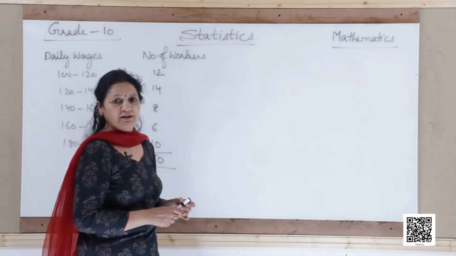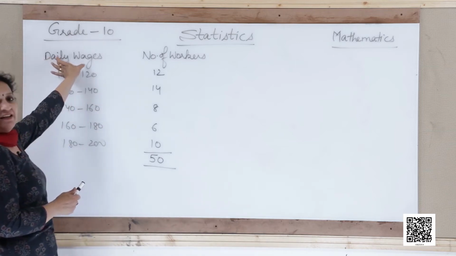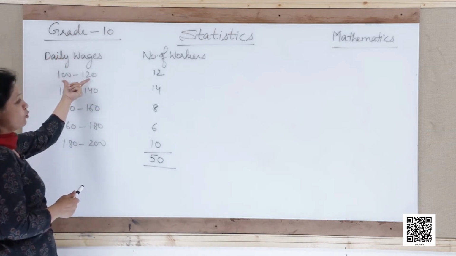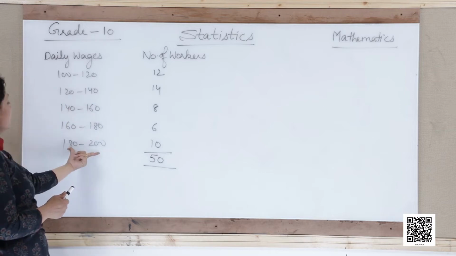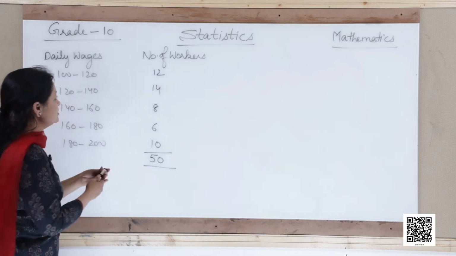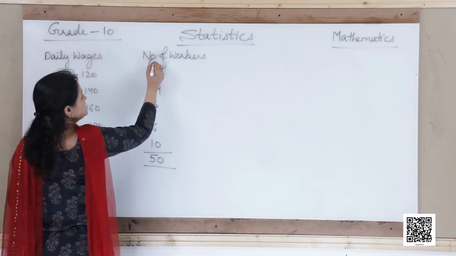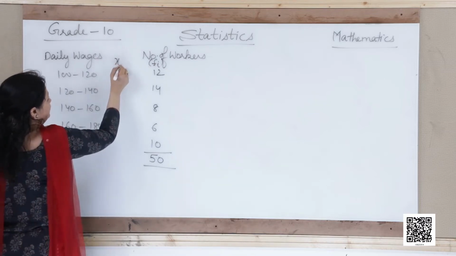How can we do that? Let's take an example. You can see that daily wages are given to us: 100 to 120, 120 to 140, 140 to 160, till 180 to 200, and the number of workers, or you can say fi, is given to us. First thing, find out xi.